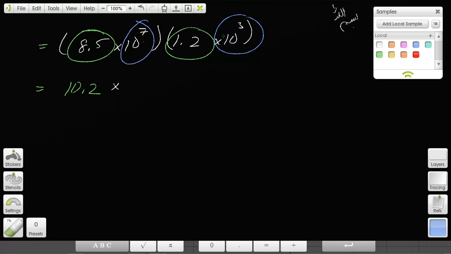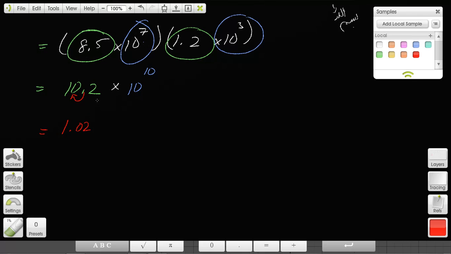So that's 10 to the 7th times 10 to the 3rd. That's 10 to the 10th. But now this number is not in scientific notation, so we have to move this decimal one place like this. So this becomes 1.02.